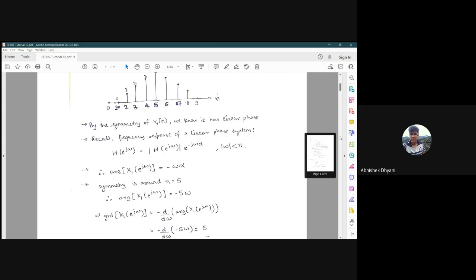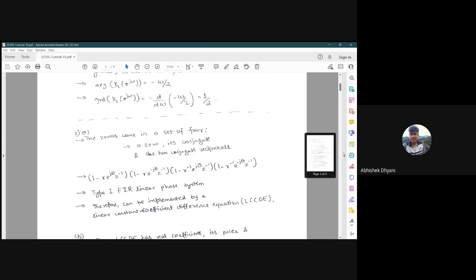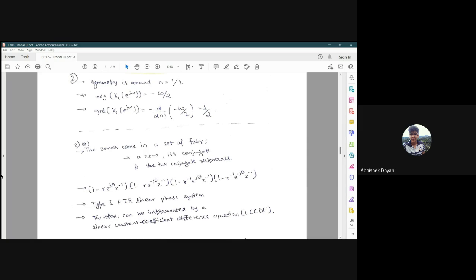So if I have to write it down, I can write it down like this. This is the first zero, and this is its corresponding conjugate. And then the other one is its inverse, the one which was lying outside, and corresponding to that, its conjugate. So it has this overall form.